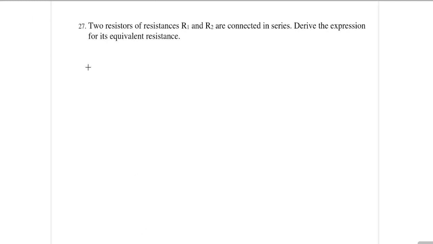So to solve it, let us consider a system where we have 2 resistors and a battery connected to it. Let us call this as supplying a voltage of V. So this battery would supply current I. Let the resistor here be called R1.